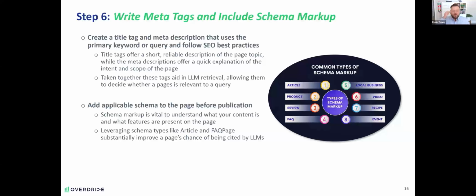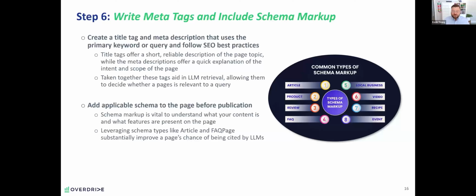So we need to, of course, create a title tag and meta description that use the primary keyword and follow SEO best practices. But ultimately, in the case of these AI-based experiences and how LLMs use these tags, title tags offer a short, reliable description of the page topic, while meta descriptions offer a quick explanation of the intent and scope of the page.